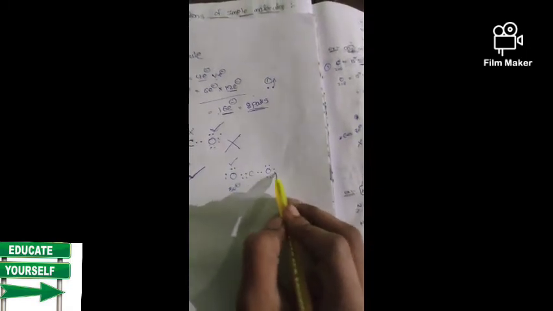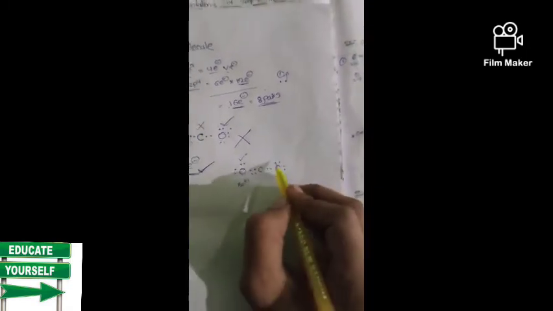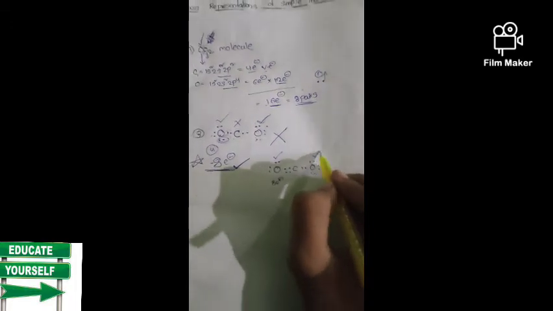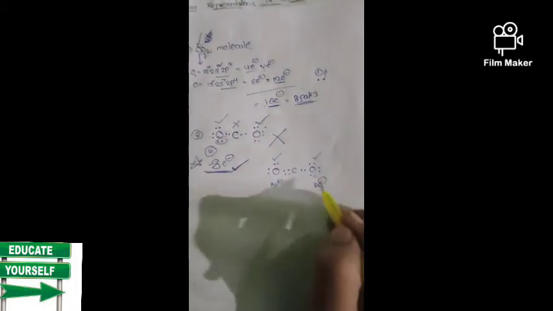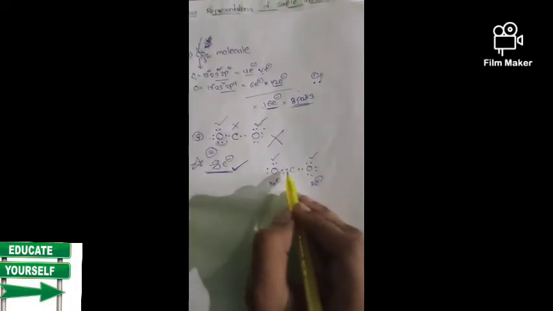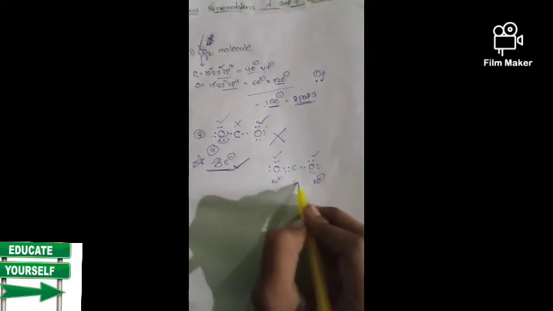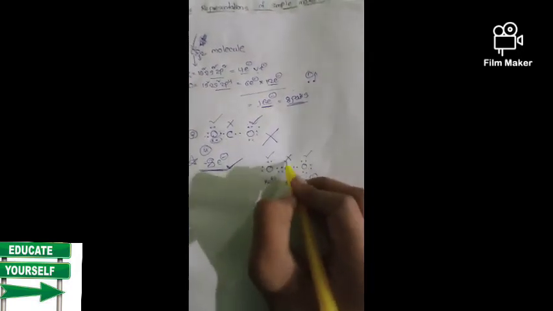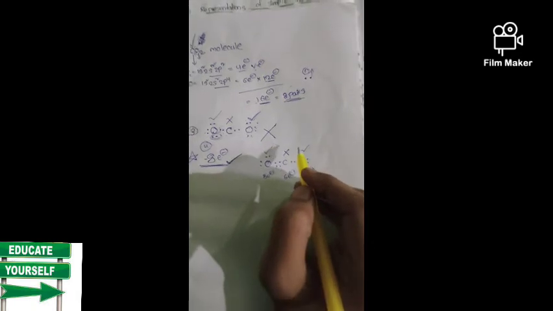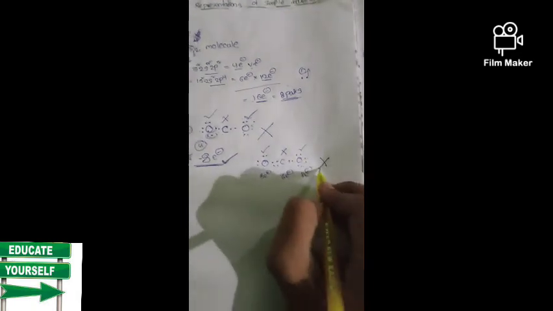And here also 8 electrons, so it also got octet configuration. Now for carbon, 1, 2, 3, 4, 5, 6. Only 6 electrons are there. It did not get the octet configuration, and this structure is also wrong.